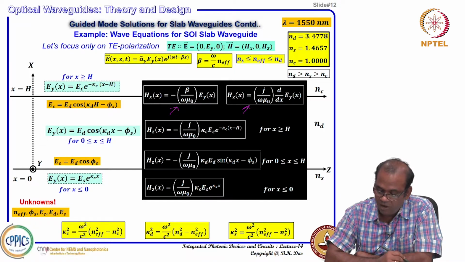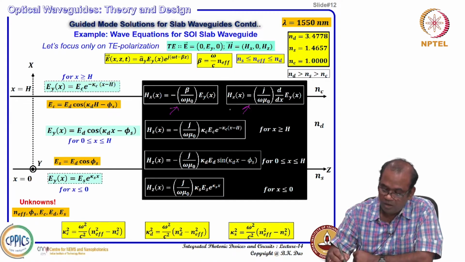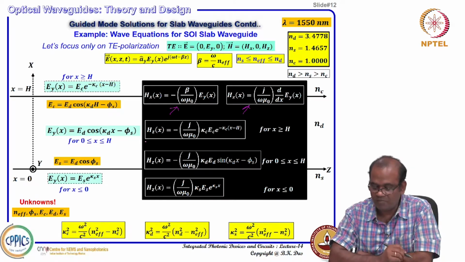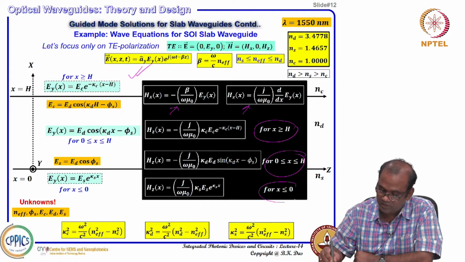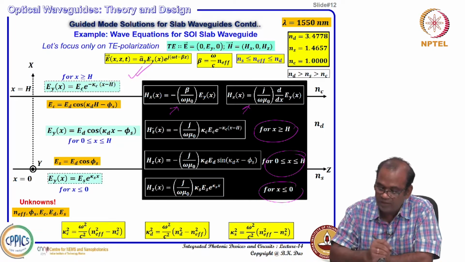Now, you see, I just tried to find out what the Hz component is in 3 zones: x greater than h, that means in this region, x within h, and x less than 0. Only Hz I am focusing on. Why Hz?